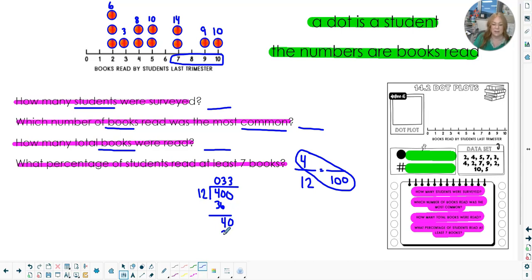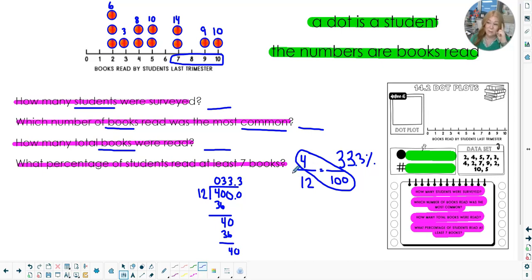That goes in there 3 times, which is 36. 4 is left over again, so we add that 0 and a decimal. It's just going to keep on going 3, 3, 3 forever because of that pattern. So we have 33.3% of the students that read 7 or more books last trimester.